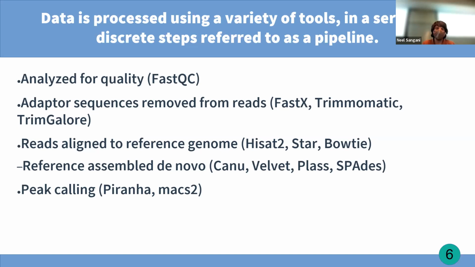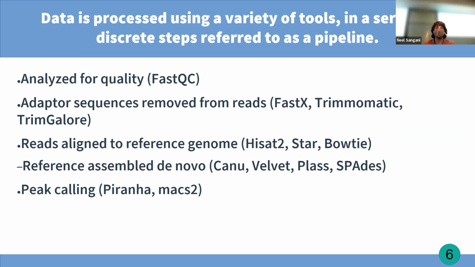After that, if we already have a reference genome for the species of interest, which is typically the case, then we want to align our reads to the genome. We can use HISAT2, STAR, or if you're feeling old school, you can still use Bowtie.